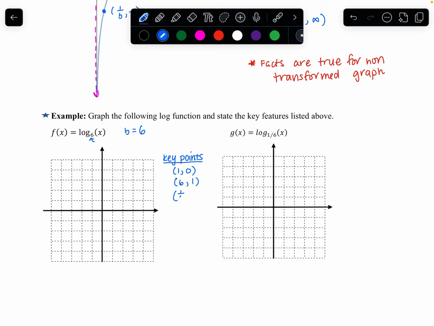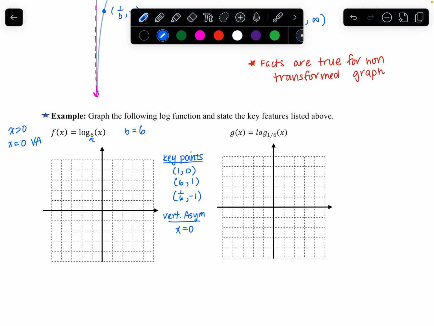And then (1/b, -1), so (1/6, -1). There is a vertical asymptote where the inside is greater than 0, so x greater than 0. At that value is where our vertical asymptote is.